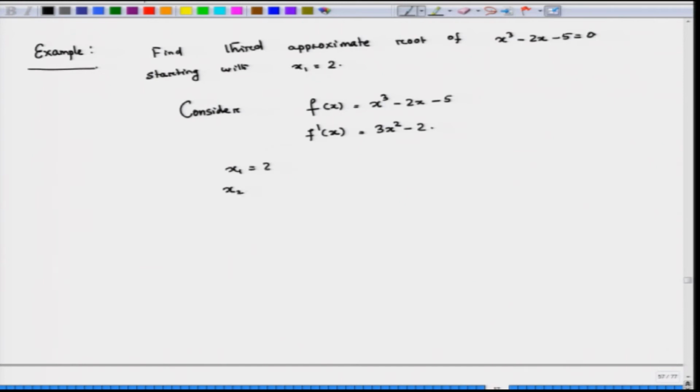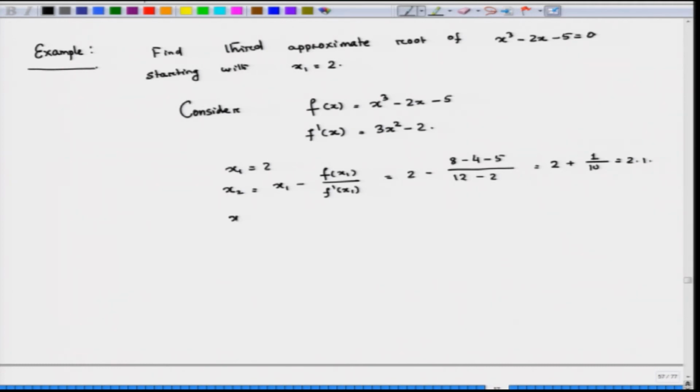Now, x 2 is equal to x 1 minus f of x 1 divided by f prime of x 1, which is equal to 2 minus 8 minus 4 minus 5 divided by 3 into 4 is 12 minus 2, which is equal to 2 plus 1 by 10, which is equal to 2.1.